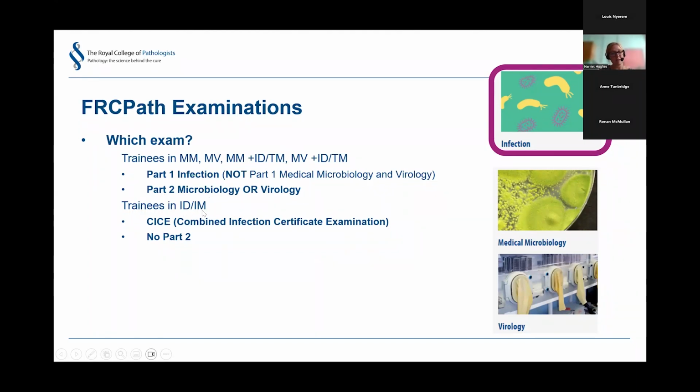Trainees in ID and internal medicine do the CICE and no part 2. In fact, the CICE is the same as the part 1 infection exam. They are the same exam, but they have a different name because you don't do a part 1 if you're not doing a part 2.